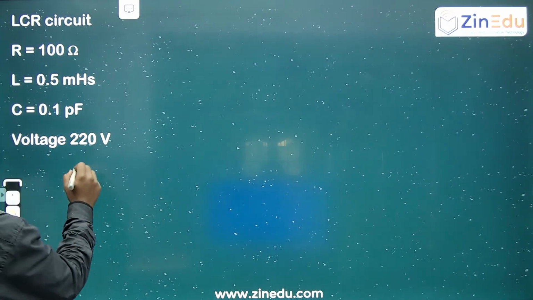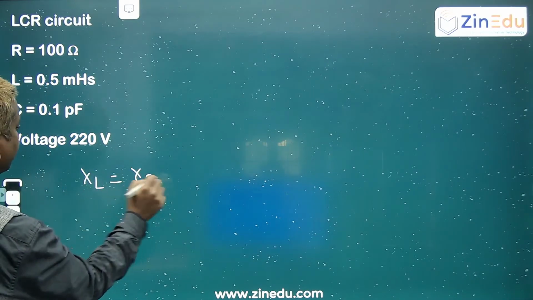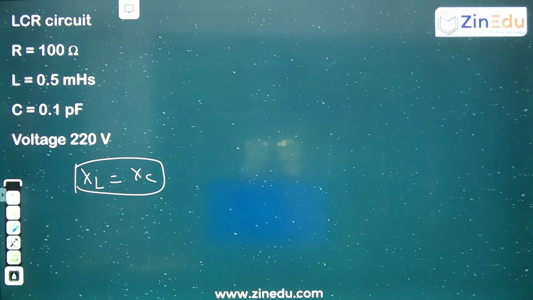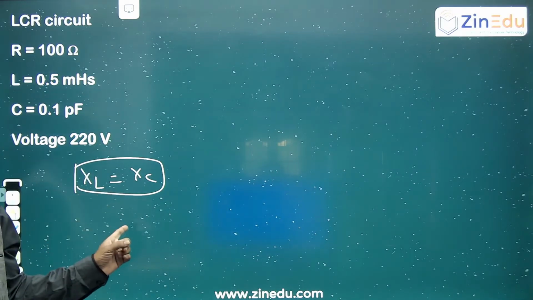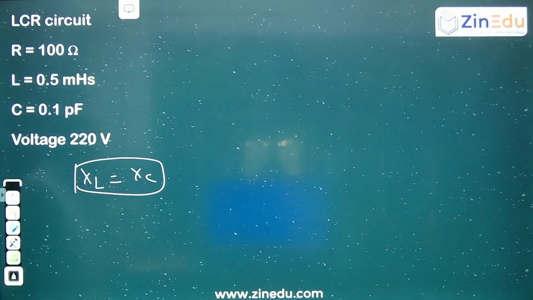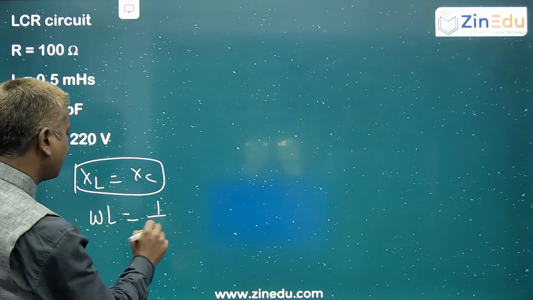You know, when XL equals XC, so omega L is equal to 1 by omega C. Because the circuit is not mentioned over here, they are asking us to find the resonant frequency. You can get it like this: XL equals XC, omega L equals 1 by omega C.